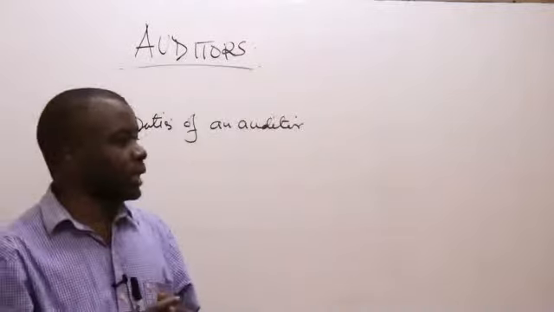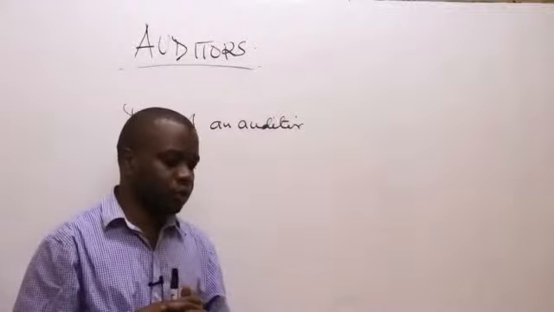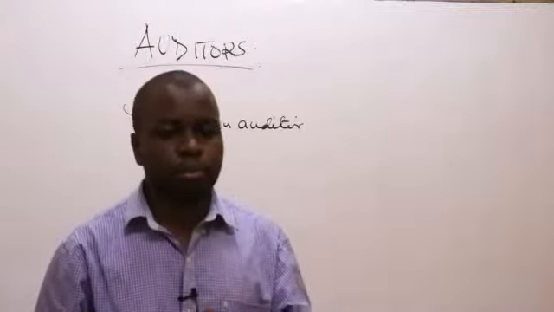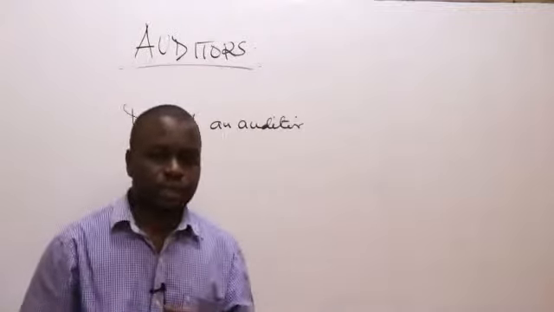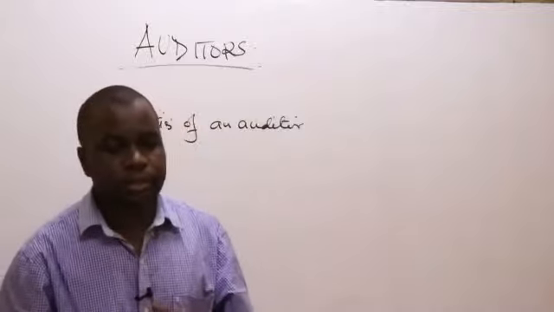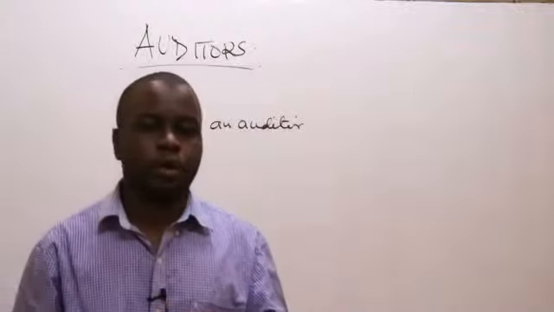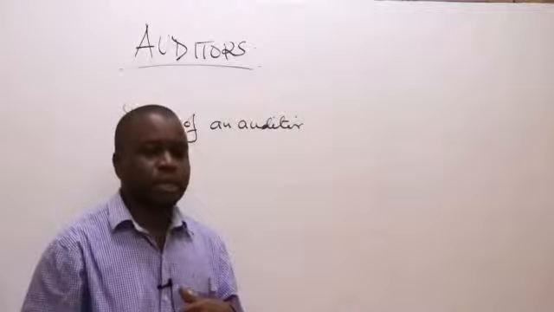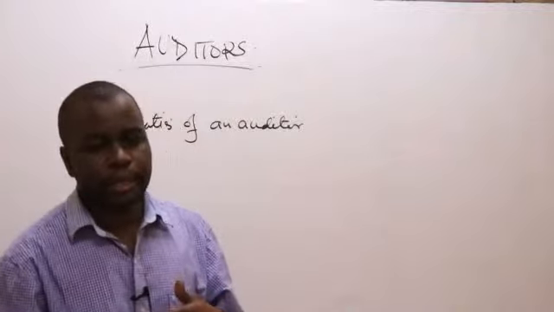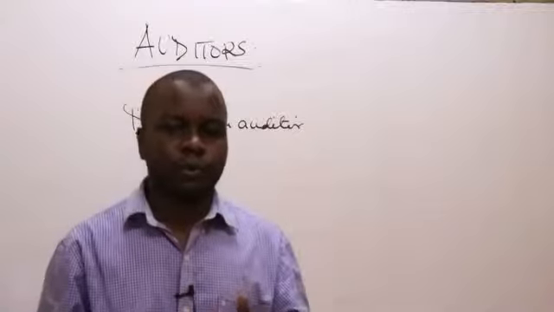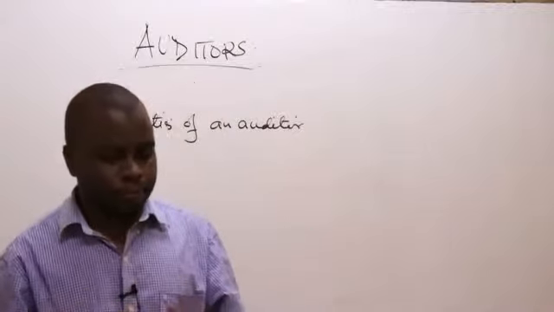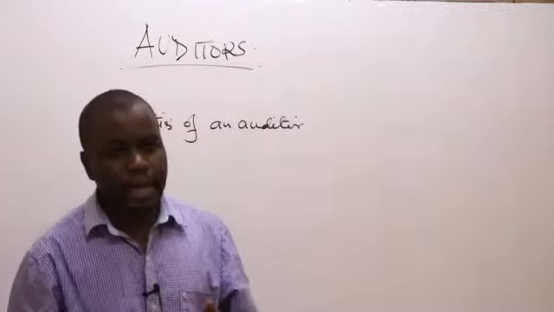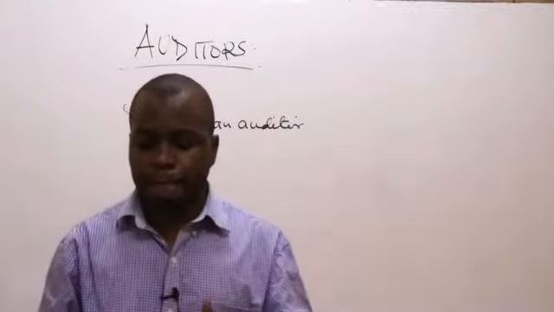So the key duties or roles while he's carrying out his audit work are, number one, to be acquainted with his roles under the articles of the company. Then number two, which is very key, is to lay before the members of the company at the AGM the accounts of the company and explain to them what was happening in the company in terms of the accounts that have been prepared by the company.